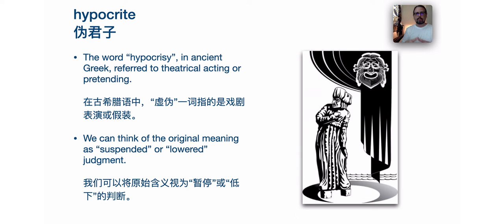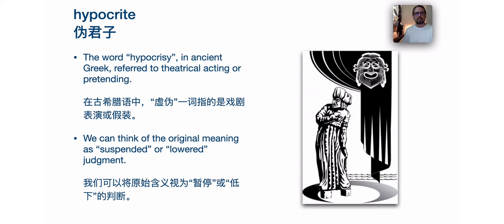In ancient Greek, it referred to theatrical acting or pretending. So we can think of the original meaning of a hypocrite, an actor, or what is hypocritical, as to suspend or lower our judgment. In other words, to open our minds up to the fantastical, the imaginative, the supernatural, or the unreal, right?